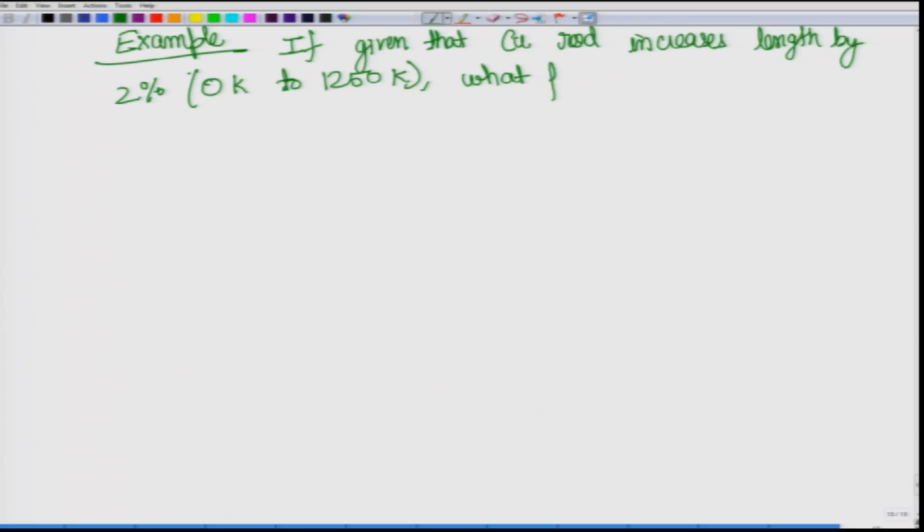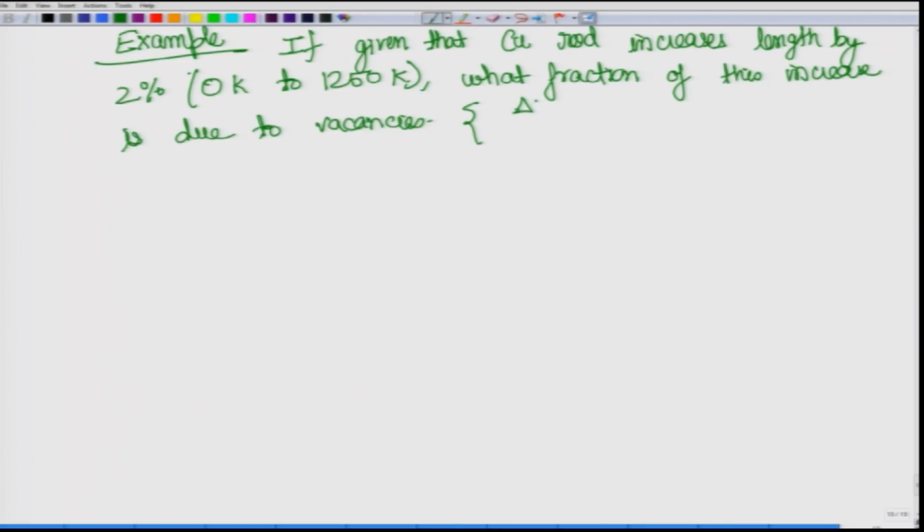The question is, what fraction of this increase is due to vacancies? What you are given is again the thermodynamic quantity, delta HF 1V is equal to 120, here given in joules per mole, and for that, the corresponding R can be taken as 8.314 joule per mole per Kelvin.